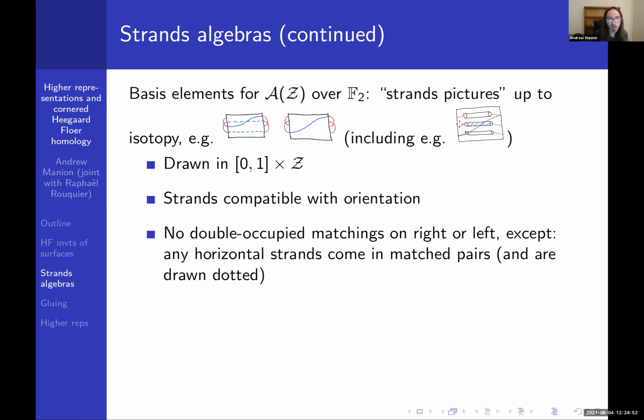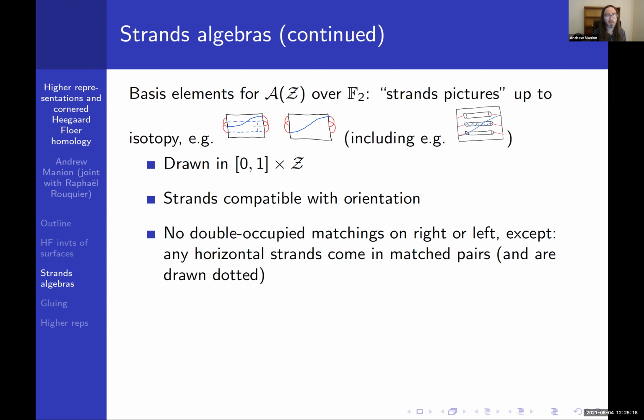Now you can't have any double occupied matchings. If hopefully you see my cursor here, the little hand, you see how this blue strand comes into the top of this red arc. Well, that means no other strand can come into the bottom of this red arc. That's not allowed. And the same on the starting side. And you might be asking, well, how about this pair of dotted lines?